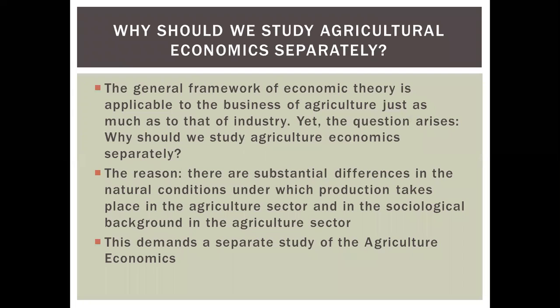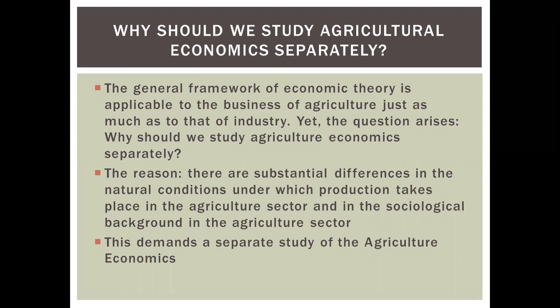So unlike other fields like industry or the service sector, many natural things determine the production activities in the agriculture sector. The agriculture sector relies much on natural conditions. Production takes place in natural conditions, and natural conditions are not under our control.